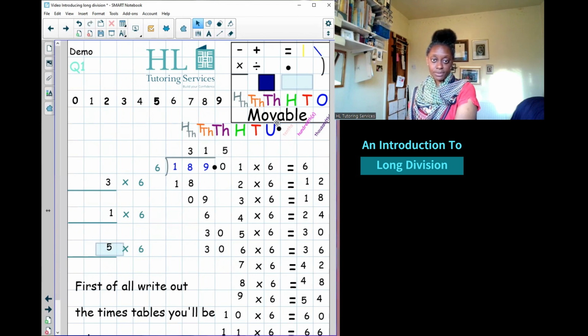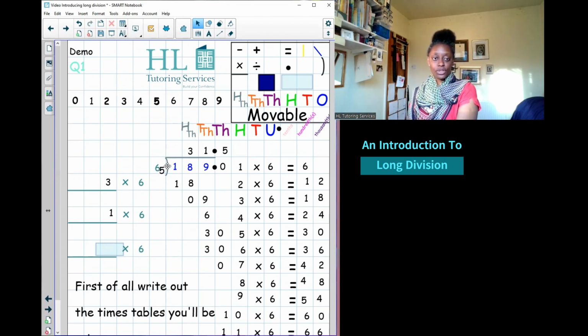And then I'm going to put the decimal point. And then I need to subtract 30. 30 take away 30 equals 0. I've got to 0, so I don't need to do any more.